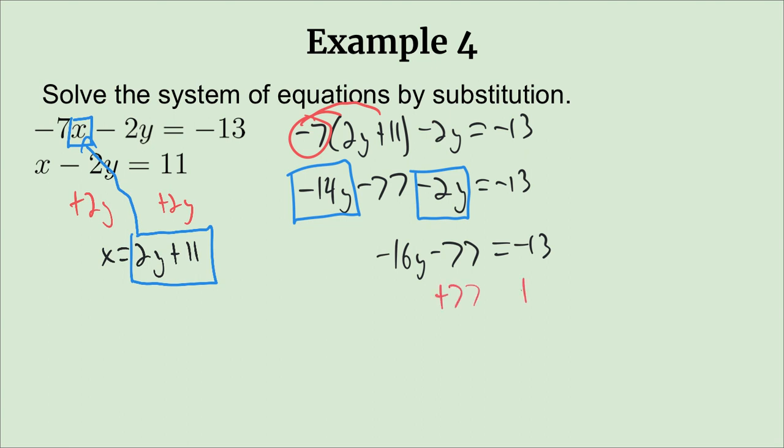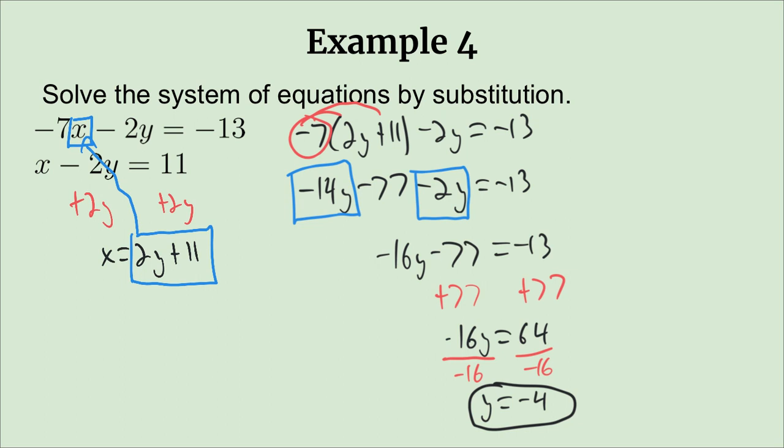Add 77 to both sides. Negative 16y equals 64. And divide both sides by negative 16. y equals negative 4. Now, I would plug that into the second equation because it's just going to be a little bit less work.